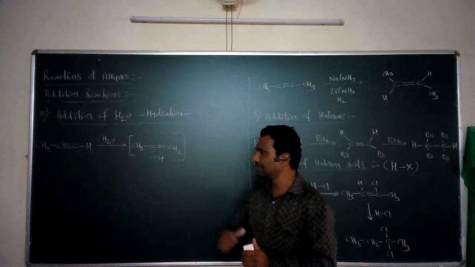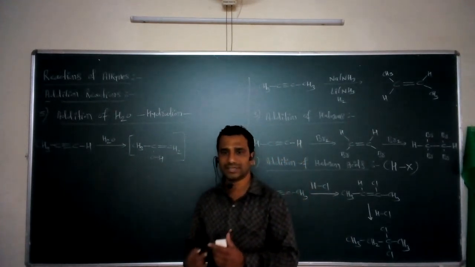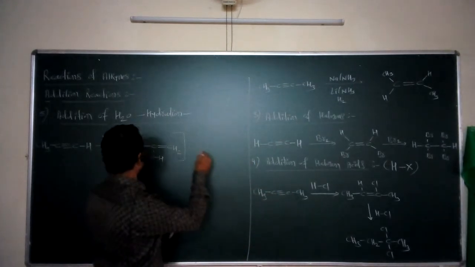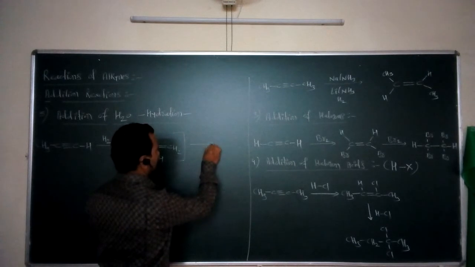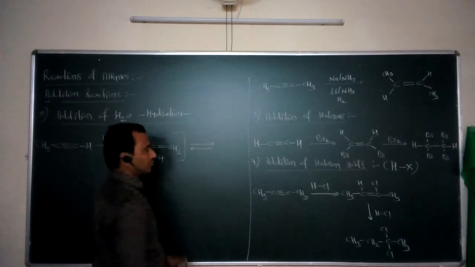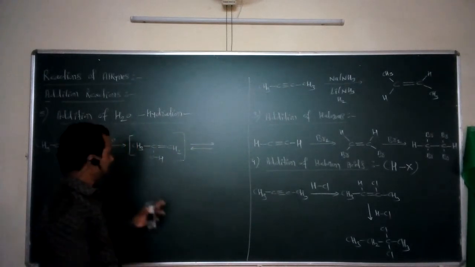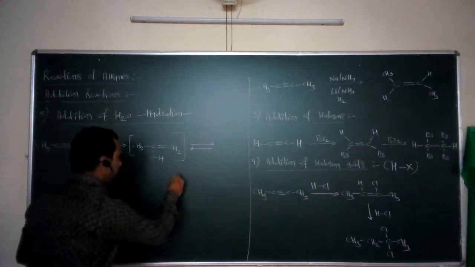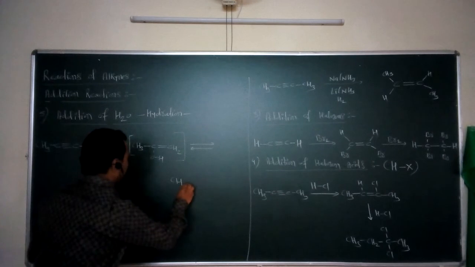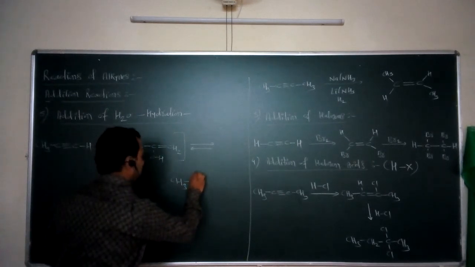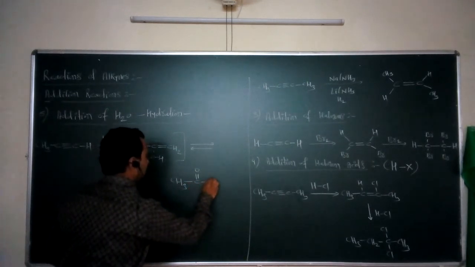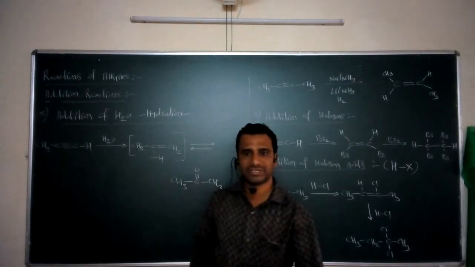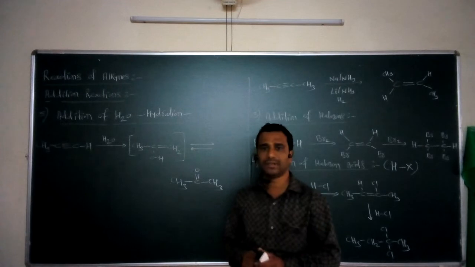This enol is unstable in nature. Then this enol undergoes tautomerism, and in the next step we get the formation of a stable compound: the enol compound gets converted into the carbonyl compound, and finally we get CH3-C(=O)-CH3. So this ketone formation takes place from alkynes.